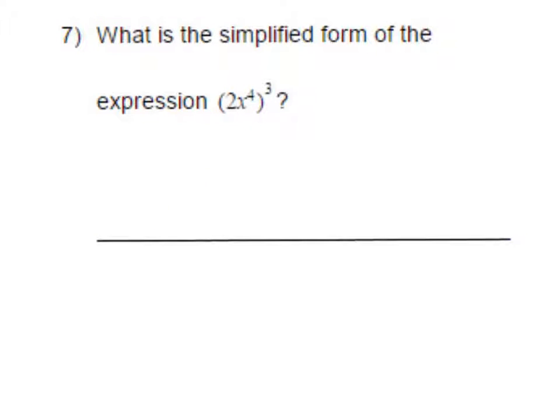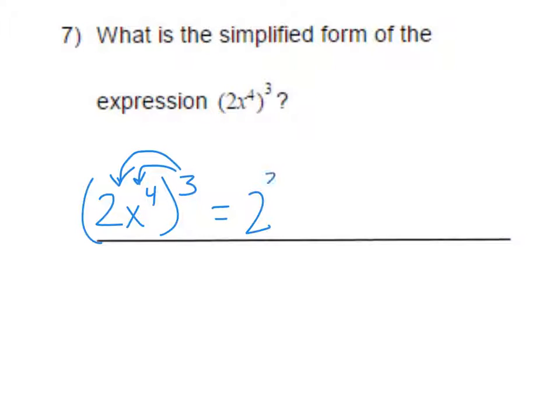Number 7, what is the simplified form of the expression 2x to the 4th all raised to the 3rd power? So remember, we're going to raise everything. The power of a product rule says we raise everything in the parentheses to the power on the outside. So we have 2 to the 3rd power, and then x to the 4th power to the 3rd power.